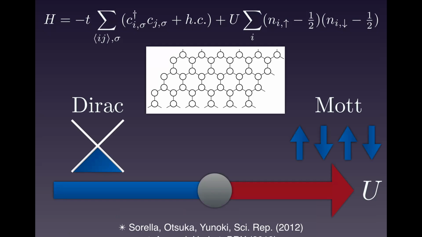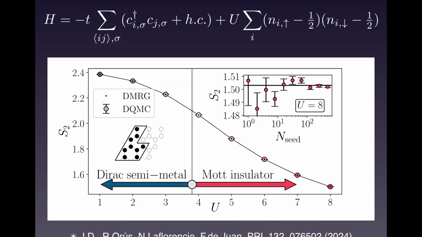And there's a Gross-Neveu-Yukawa critical point in between. The whole point is to explore this phase diagram from the point of view of entanglement entropy. The first check was to see that it gives the correct results. I'm comparing it with DMRG as a function of U, and the QMC data matches perfectly within the error bars.